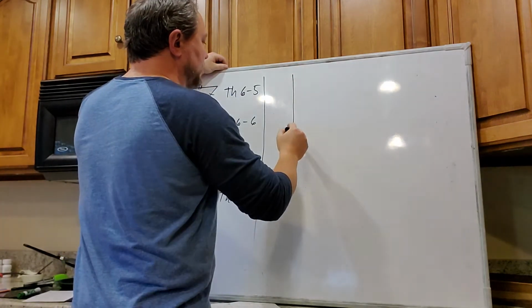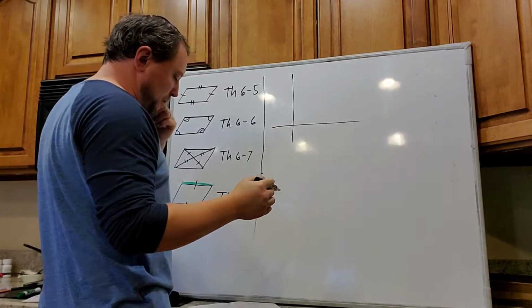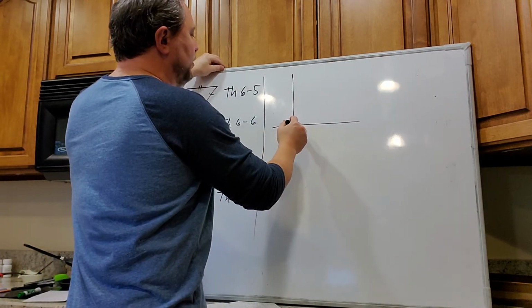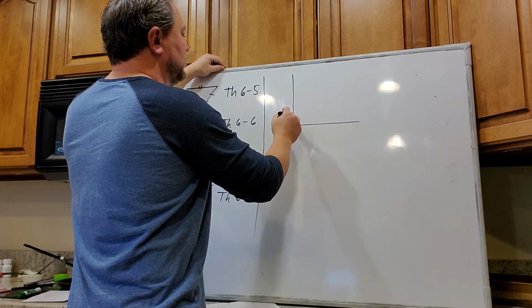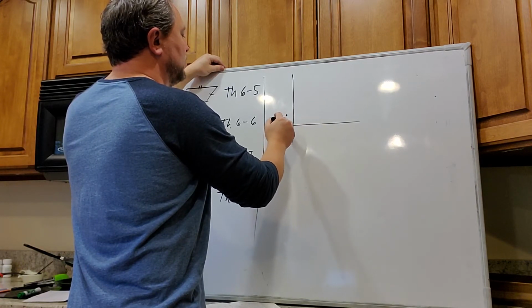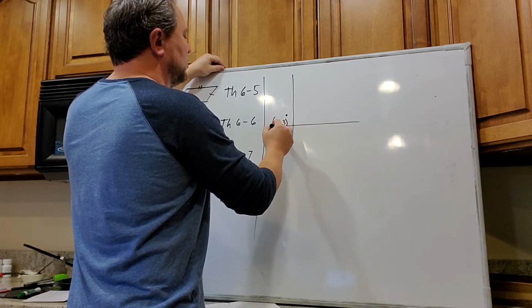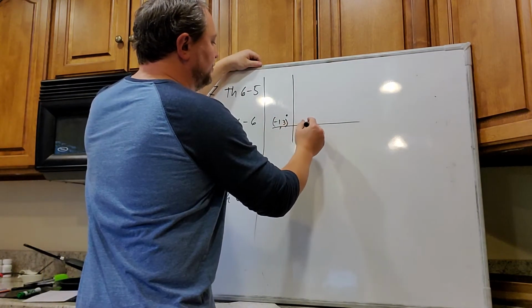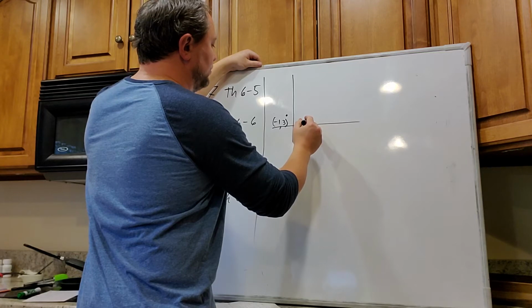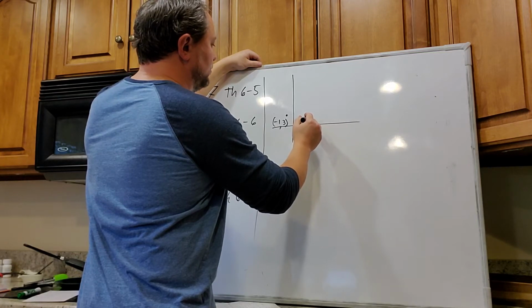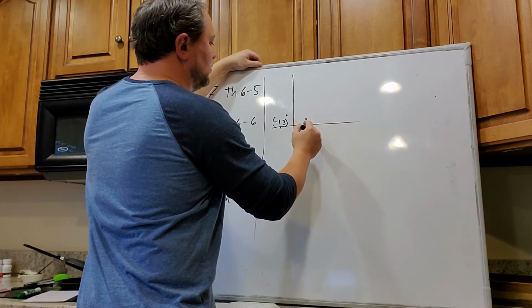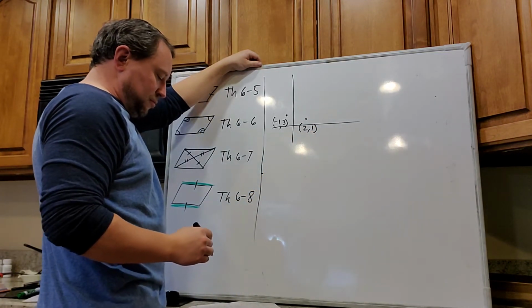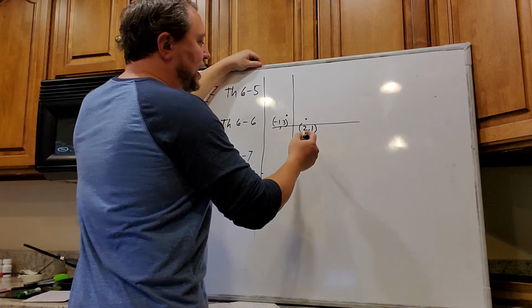We've got a point here at (-1, 3). Another point at (2, 1). A point at (9, 2).